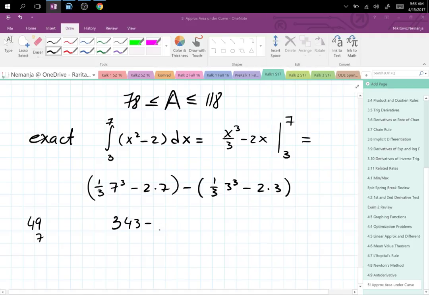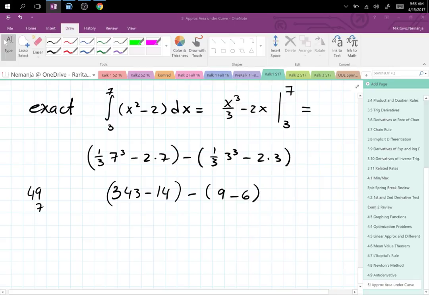Minus 2 times 7 is 14. Minus, one of the 3 dies, so 9 minus 6. Now, to subtract 343 minus 14, oh yeah, I forgot to divide by 3. Oh, thank you.